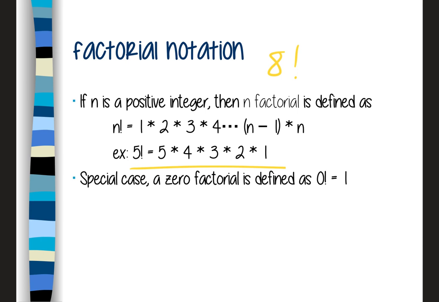We're going to use these a lot when we start to get into probability, so it's important that you understand exactly what that is. There is a special case, and that is 0 factorial. 0 factorial is just 1, and that is not something you can figure out arithmetically, so you just need to know that. Memorize it. It's like knowing something to the power of 0 is 1. It's the same concept.